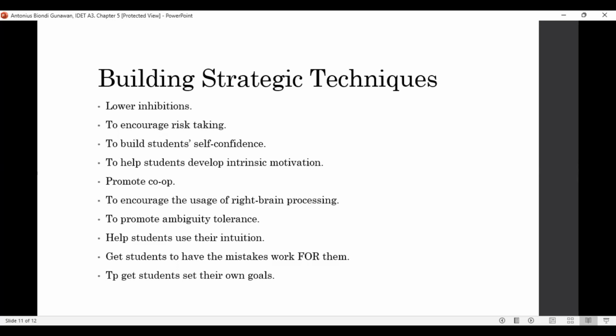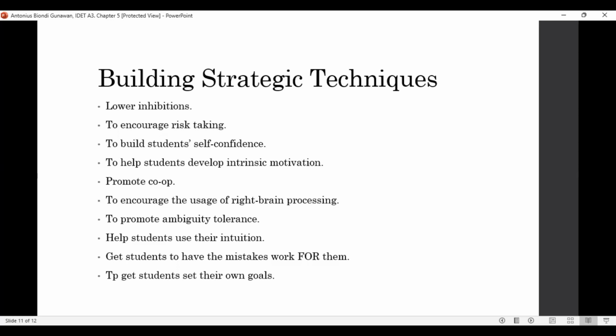To help students develop intrinsic motivation, and to promote cooperation between peers and with the teacher, encourage students to use right brain processing, to promote ambiguity tolerance. It's like encouraging students to ask you questions if they don't comprehend something. Help students to use their intuition, and get students to have their mistakes work for them.